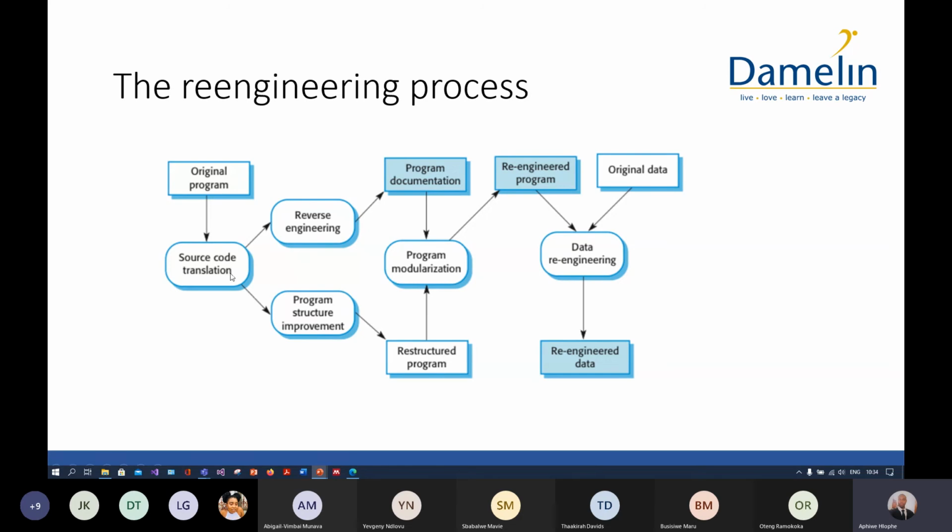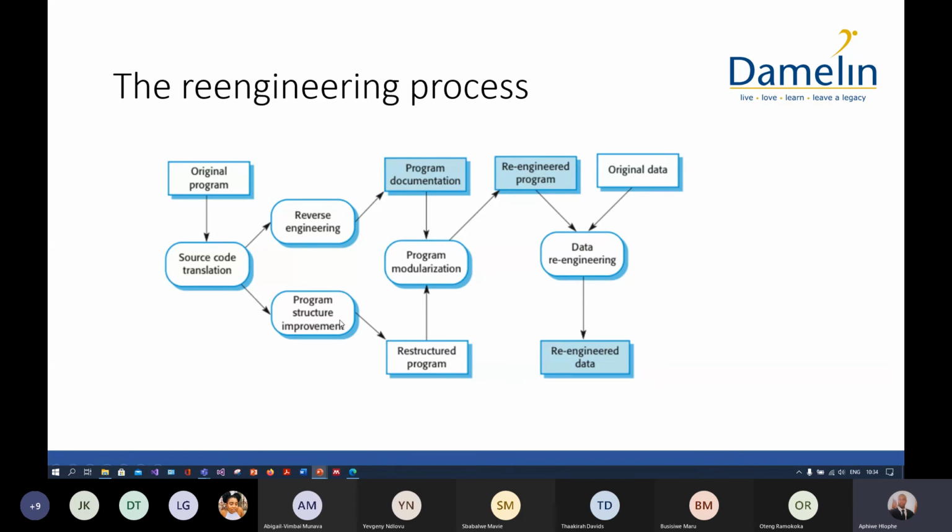So you do your code translation, then you have to do reverse engineering and program structure improvement. Reverse engineering has a lot to do with you understanding the features, going in reverse and trying to re-document it, towards a re-documentation of the software. Like going back to the requirements, going back to the use cases or the models, you are going in reverse in terms of the requirements engineering process.